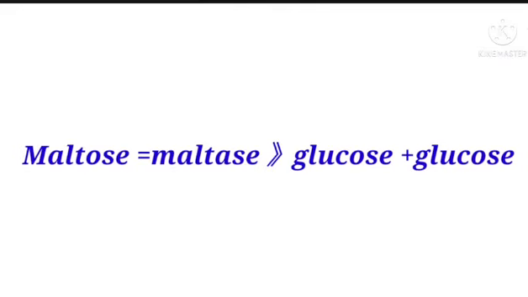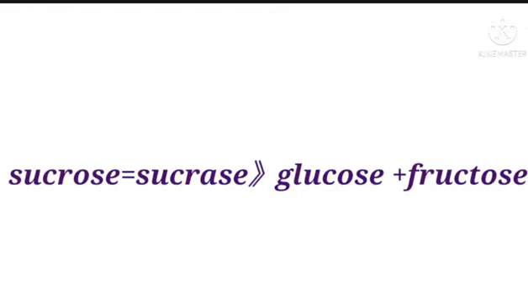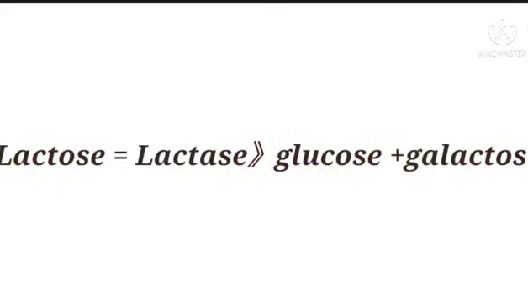For example, maltose gives rise to glucose by the action of maltase. Sucrose gives rise to glucose and fructose by the action of sucrase. Lactose gives rise to glucose and galactose by the action of lactase. Like this, the breakdown occurs.